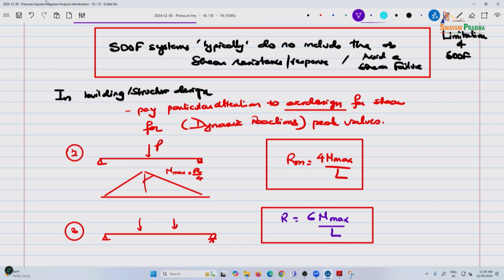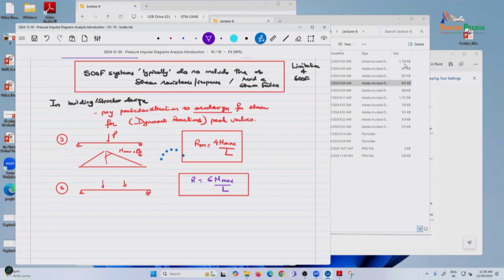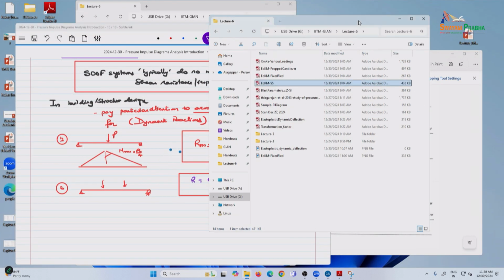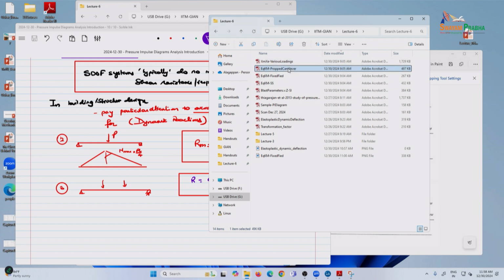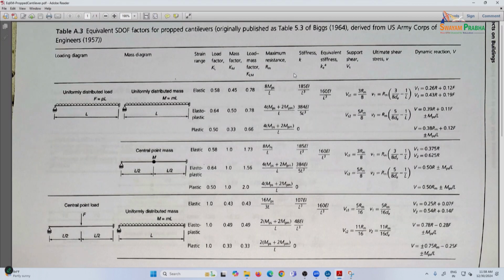So there is another insert, but I won't insert it here. We will upload it. What we have here, I think I've shown you this one, equivalent Km. What I showed you is for a simply supported case. Now this is a propped cantilever, and the factors are given.